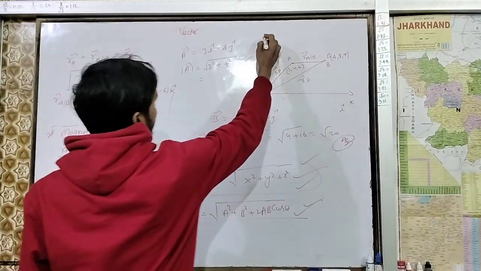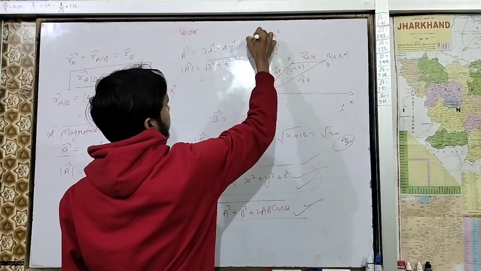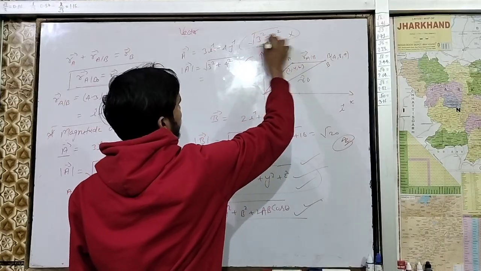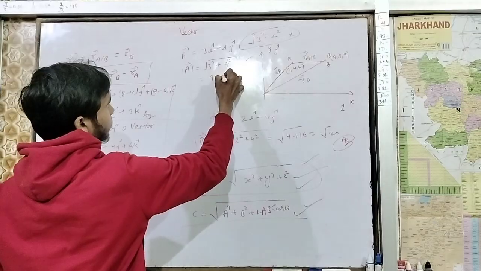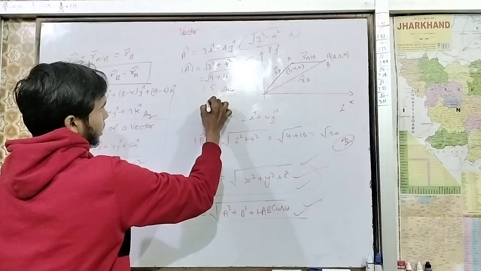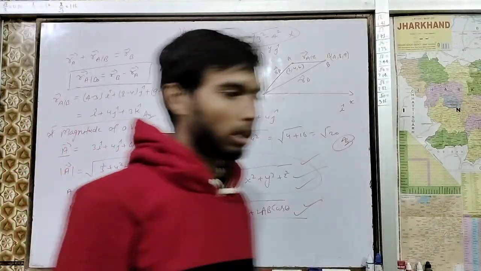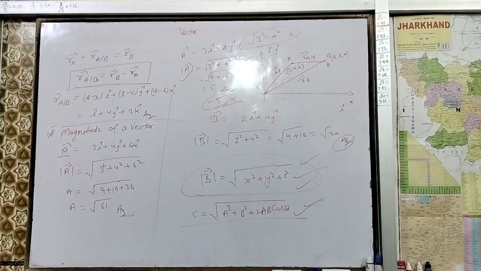This is the right method. If you say 3 squared minus 4 squared, that is the wrong method. 3 3 is 9, 4 4 is 16, so you get 5. Don't say we also have minus 5. No, here we used mod, so it is only positive 5.